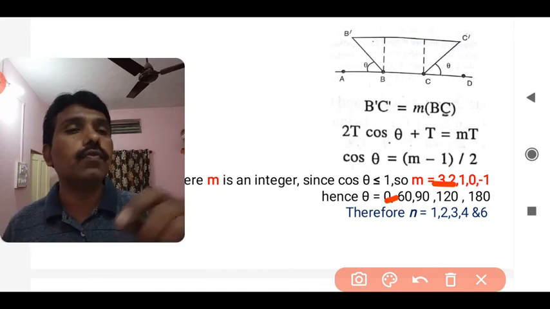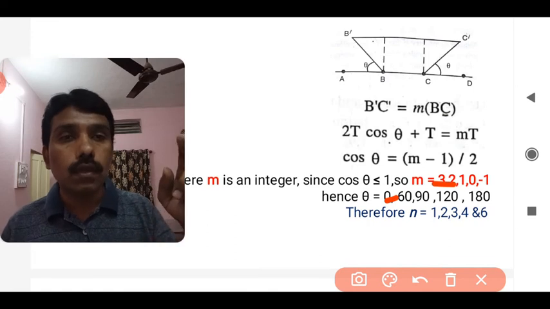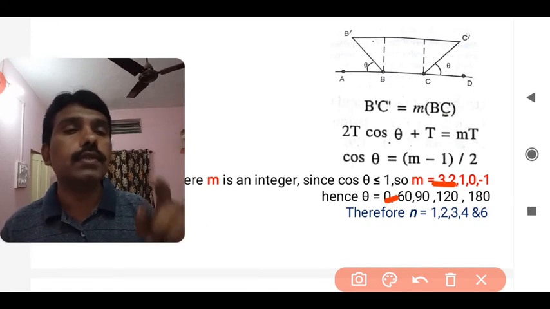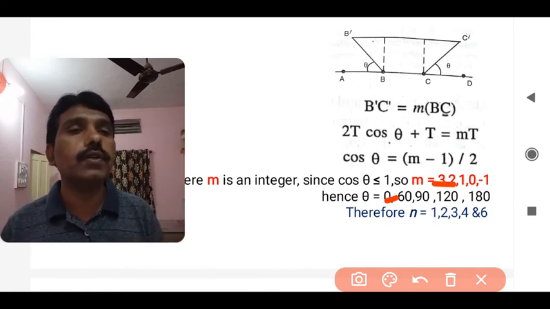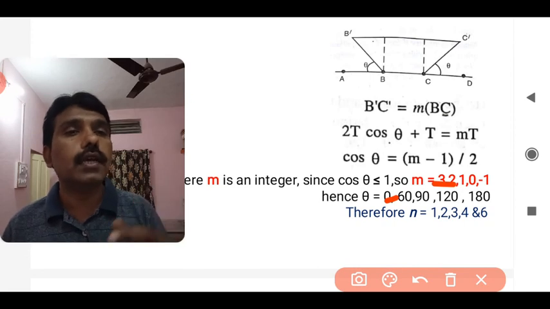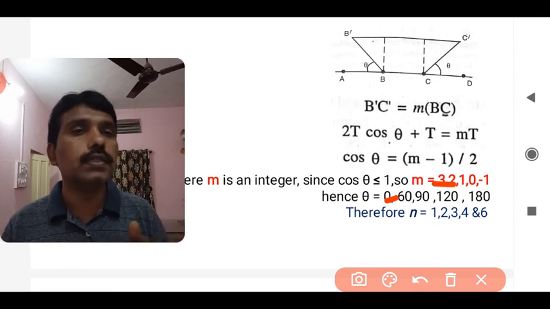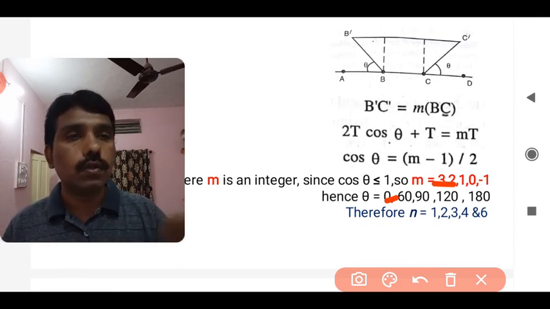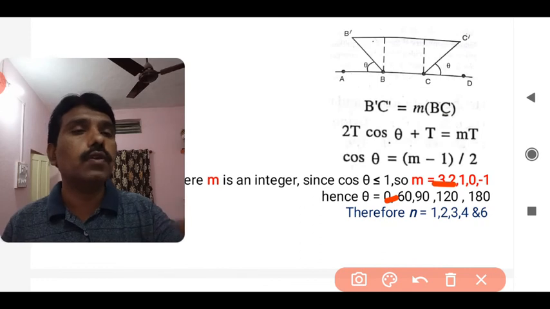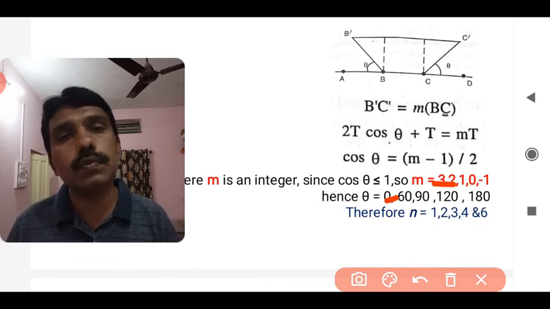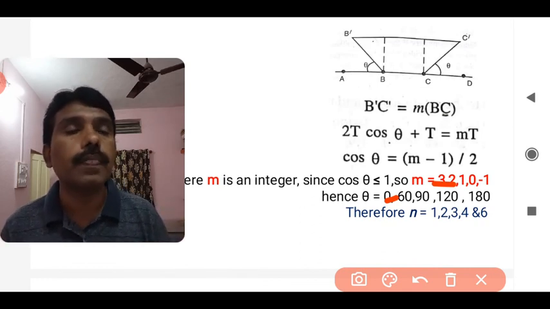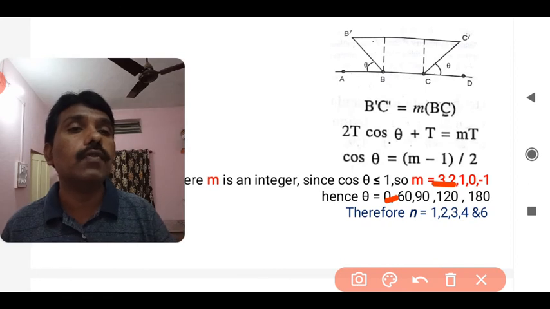Secondly, if I am putting 2 minus 1, that is 1 by 2, then the theta value will be in a similar way. So these are the possible thetas I can find in this case. When I put 2 minus 1, 1 by 2, that will give me theta values of 60, 90, 120, 180.